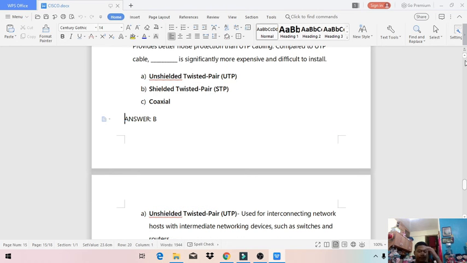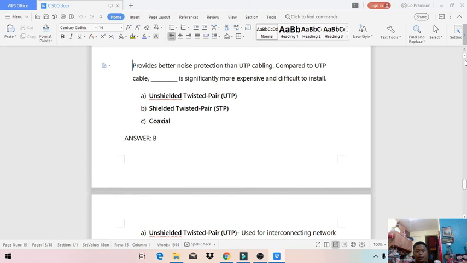Next is: blank provides better noise protection than UTP cabling. Compared to UTP cable, blank is significantly more expensive and difficult to install. Letter A is unshielded twisted pair, or UTP, letter B is shielded twisted pair, or STP, and letter C is coaxial.